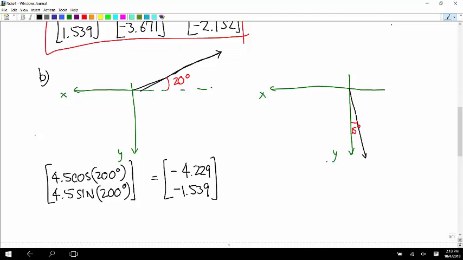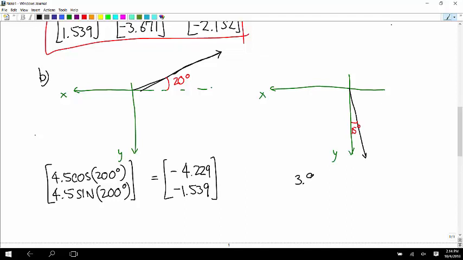And then for the second vector, start at the positive x-axis and go counterclockwise. Here's the positive x-axis. So you go 90 to get there, plus another 15, so 105 degrees.